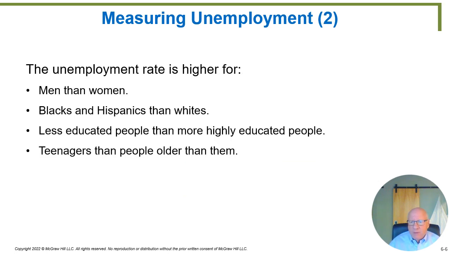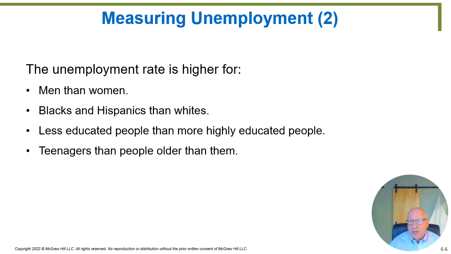Now, the unemployment rate is higher for different groups. It's higher for men than women, so women have a lower unemployment rate than men. Blacks and Hispanics have a higher unemployment rate than whites do, and whites and Hispanics have roughly the same unemployment rate. Less educated people have a higher unemployment rate than more highly educated people. And this fact contributes to the previous fact.